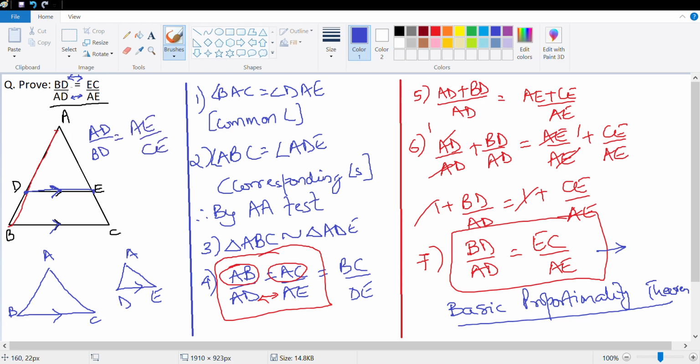That's what we did. Well, in fact, we did the other way around, but it's the same thing, which means BD upon AD is equal to CE upon AE.